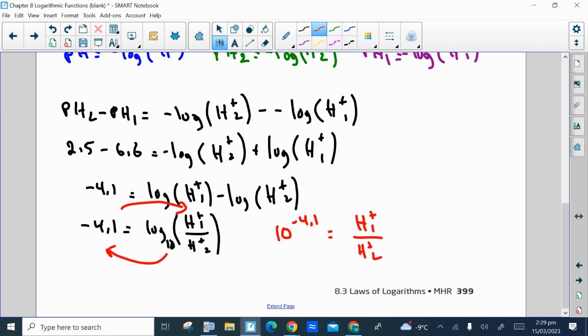But you have to realize that we need to do the reciprocal of this, because we want to know what the ratio of H positive 2 over H positive 1 is, right? Because we need to do pH2 minus pH1. So we're actually going to have to do the reciprocal of this, which is like raising both sides to the power negative 1.